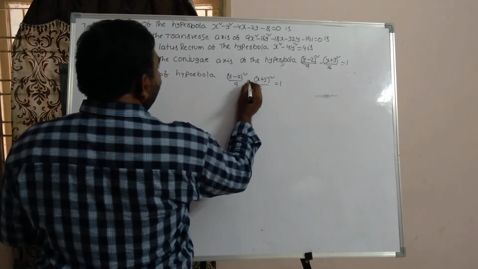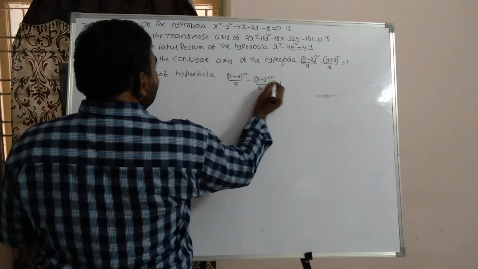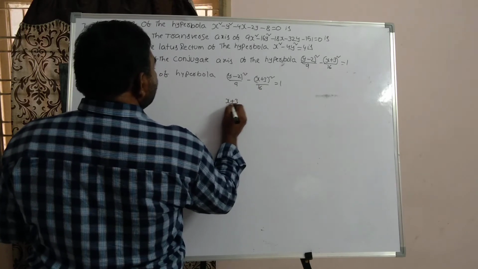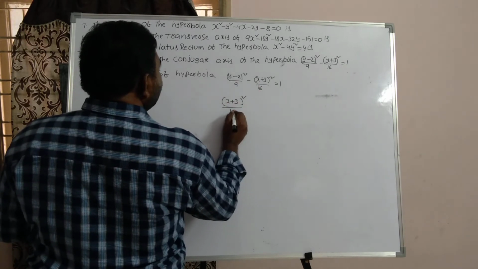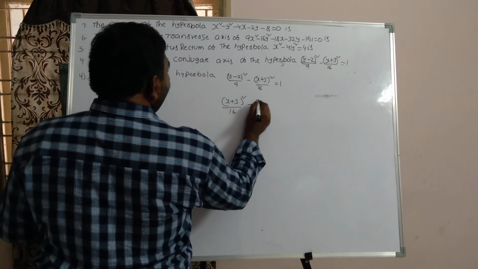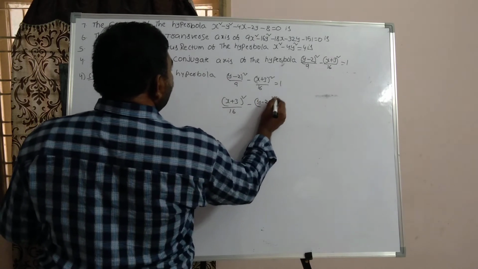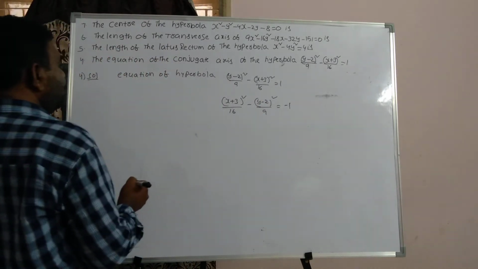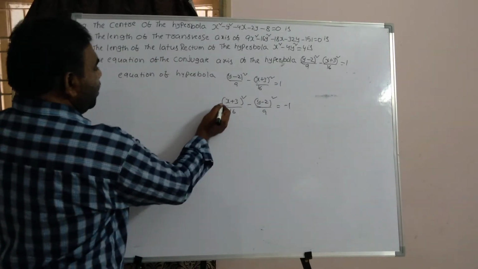Here multiply on both sides with minus, we get minus removed, that means x plus 3 whole square by 16 minus y minus 2 whole square by 9 is equal to minus 1. Okay, we get the hyperbola formula.